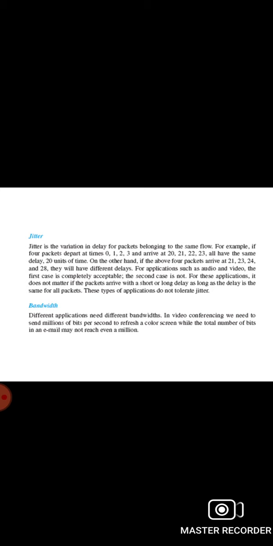A good scheduling technique treats the different flows in a fair and appropriate manner. Several scheduling techniques are designed to improve the quality of service. Now let's see three of them. First is FIFO queuing, second is priority queuing, and third is weighted fair queuing.